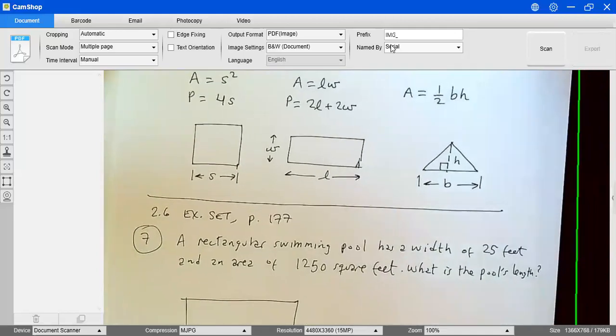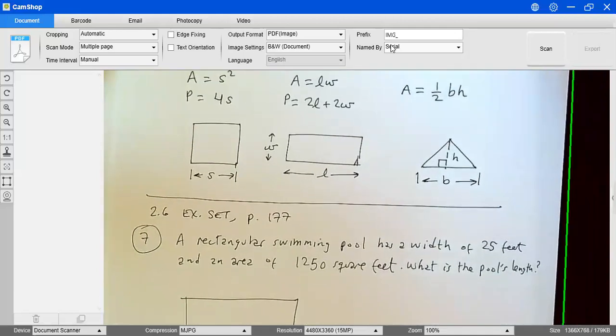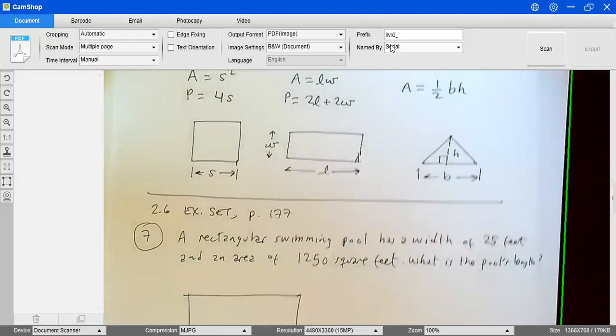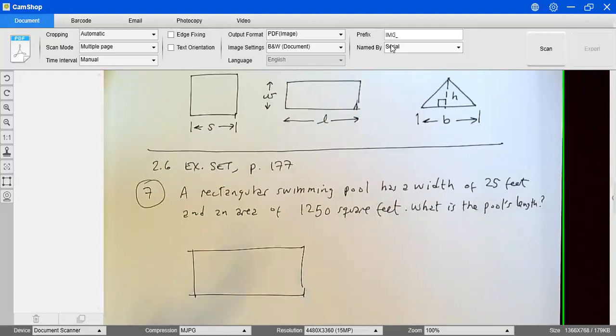This problem is about a swimming pool. There is a rectangular swimming pool that has a width of 25 feet and an area of 1250 square feet. What is the pool's length is the question. So you have here the pool diagram.